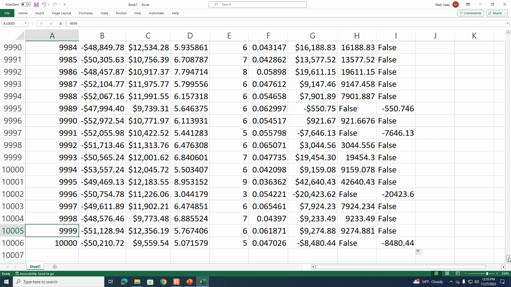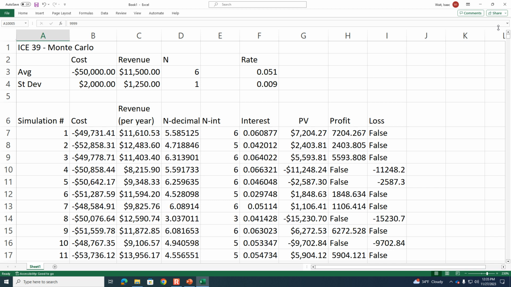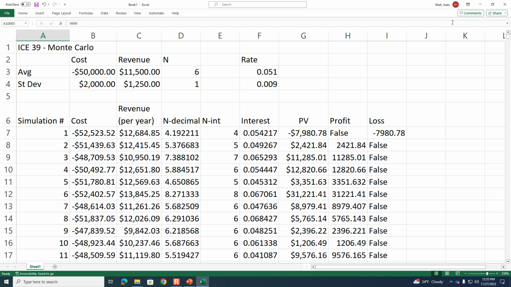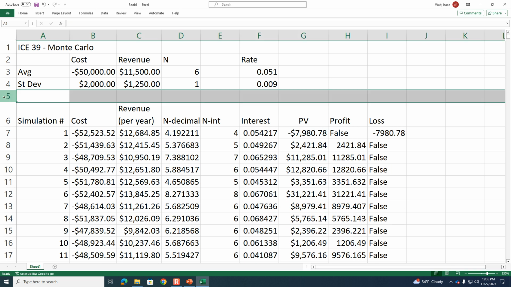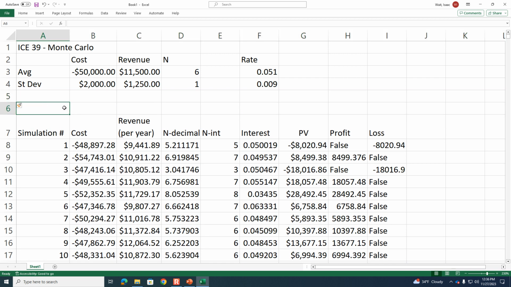Now, what we're going to do is we're going to look at some of the averages and like how often does it succeed, how often does it fail. So remember that anytime we press F9, it's going to update these values. So it would be interesting. Let me just add another row here. Let's see, what is the actual average?